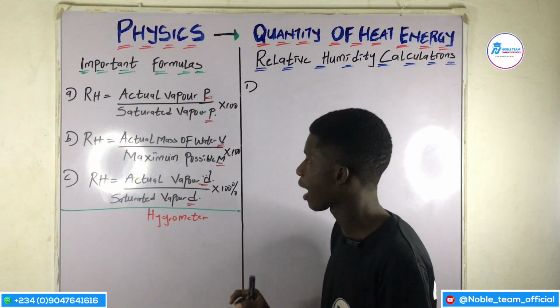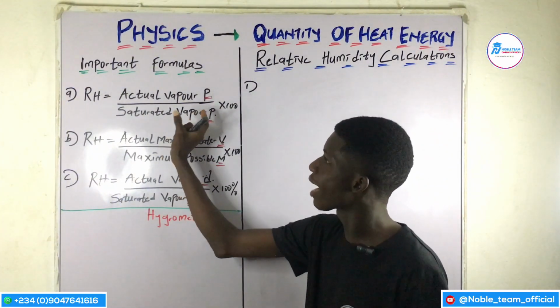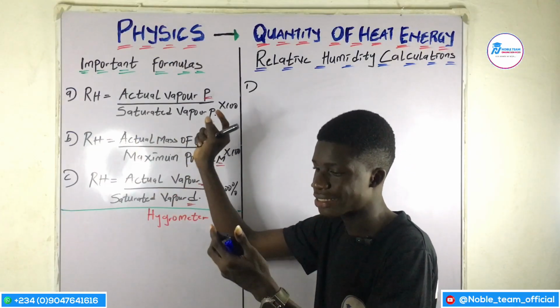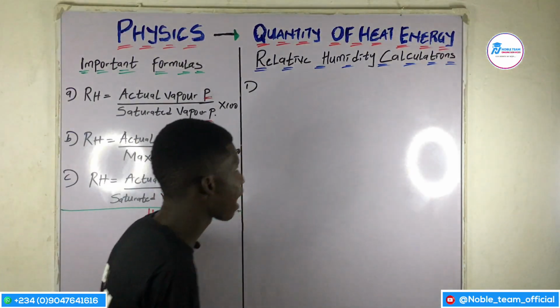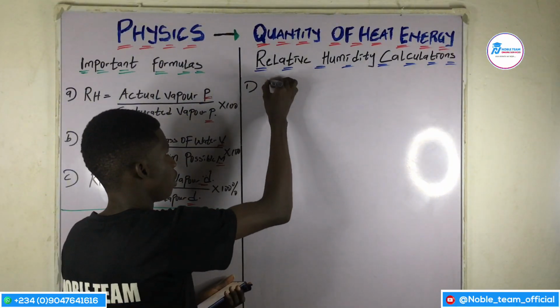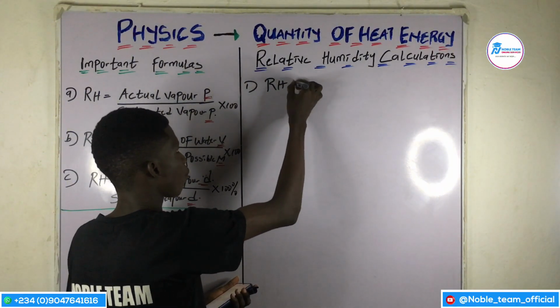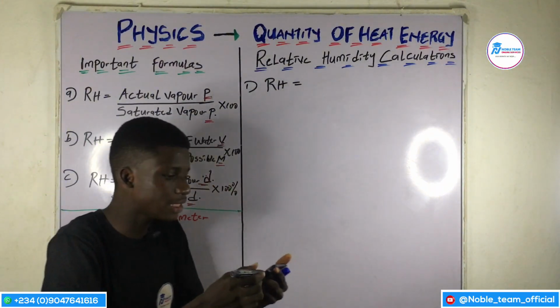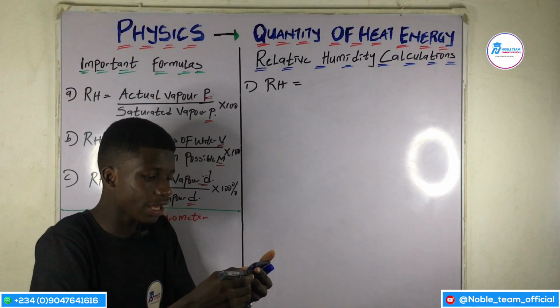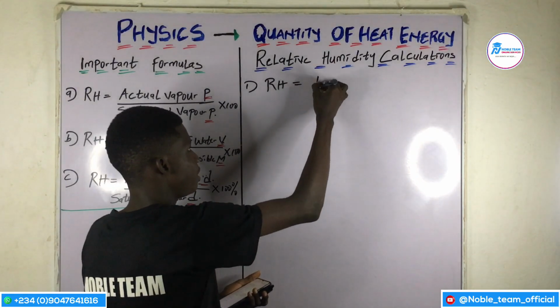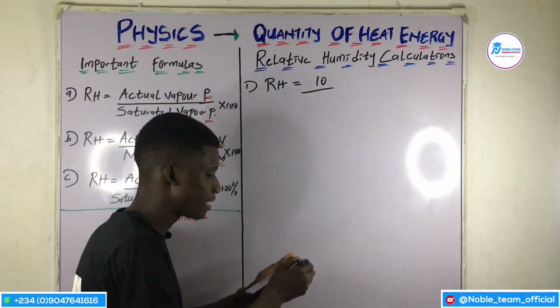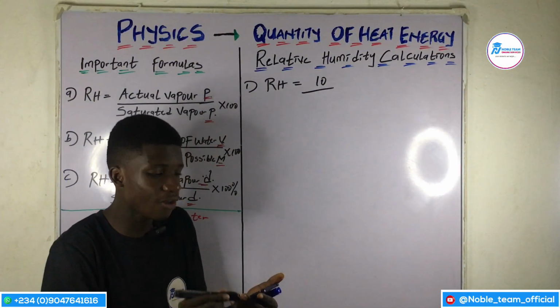Now we are being asked to get the relative humidity. Which formula are we going to be using? The actual divided by the saturated vapor pressure. So RH is equal to, the actual one was given in the question, which is 10 millimeter mercury, divided by the saturated vapor pressure.